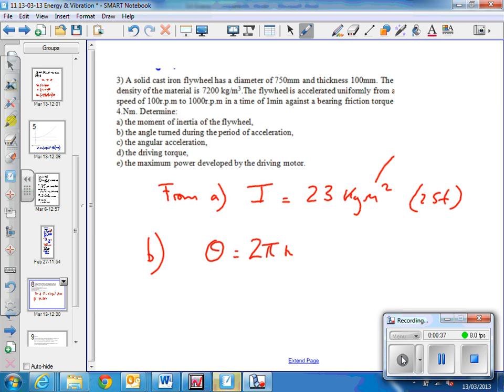Do we know the number of revolutions? Yeah, but that's a frequency and it's changing, so no, we can't easily find the number of revolutions using that formula. Is there another formula that might be useful?